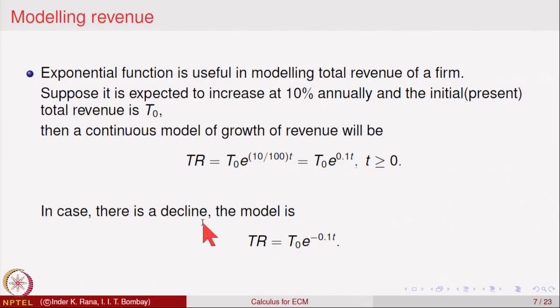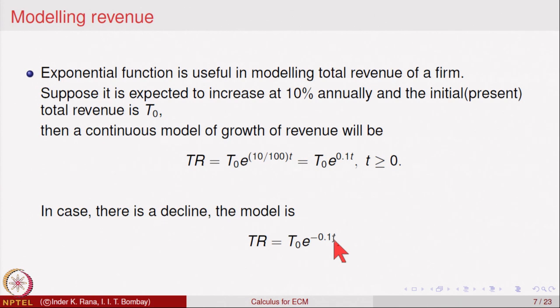In case you want to say there is a decline, how is that represented by the exponential function? The only difference is that it is e raised to power minus the rate at which it is decreasing times t.